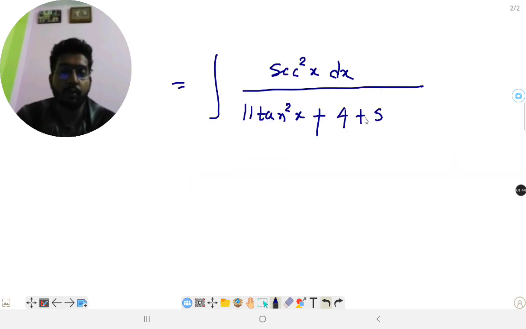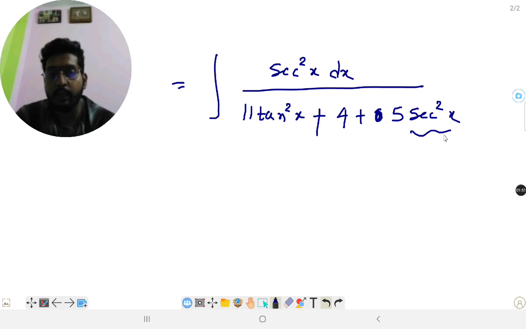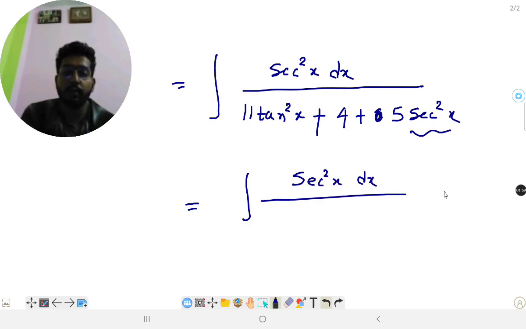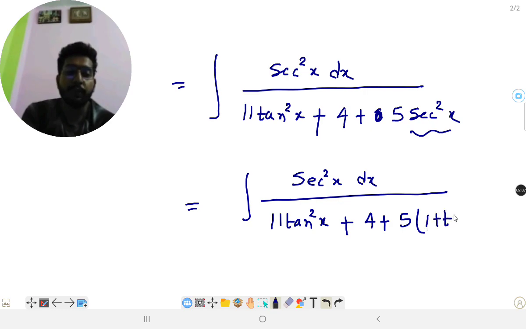Now sec square x can be written as 1 plus tan square x, so here it will be sec square x dx divided by 11 tan square x plus 4, and 5 sec square x can be written as 5 times 1 plus tan square x.